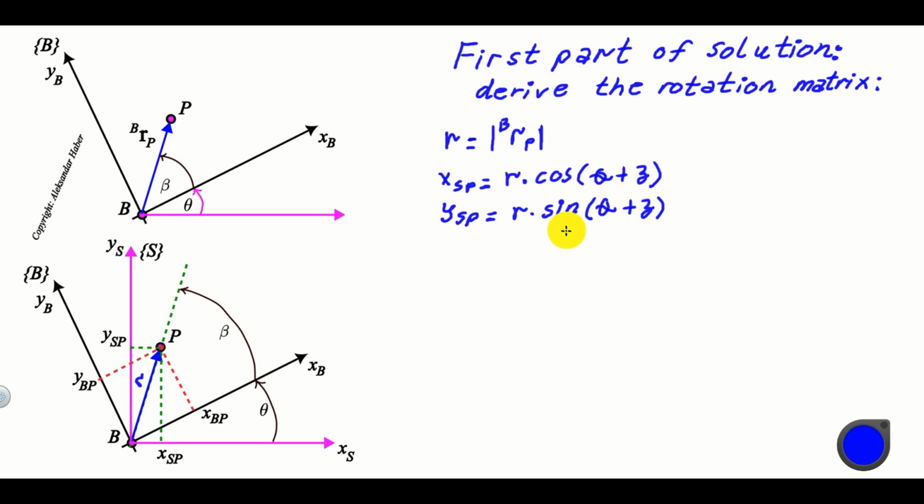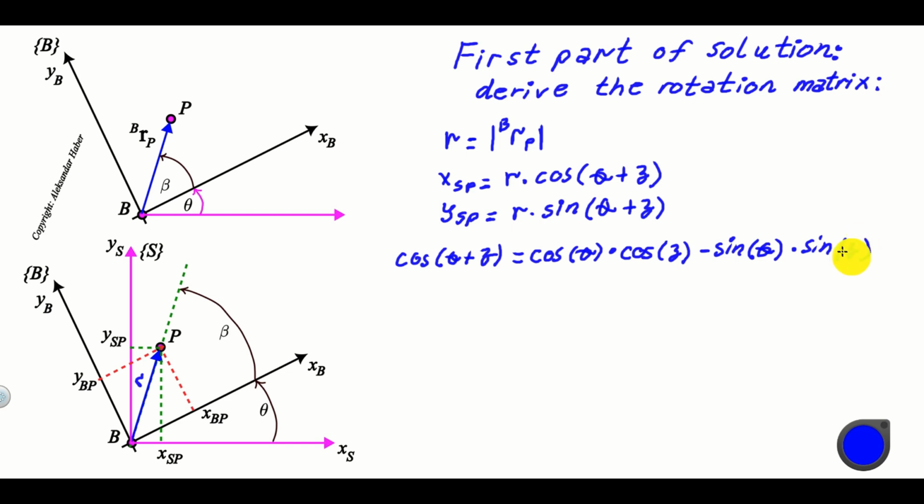Next, let us recall the basic formulas for the cosine and sine of the sum of two angles. We have cosine of theta plus beta is equal to cosine of theta multiplying cosine of beta, then minus sine of theta multiplying sine of beta. Good. This is the first formula. The second formula is, we actually need sine. Let me correct this.